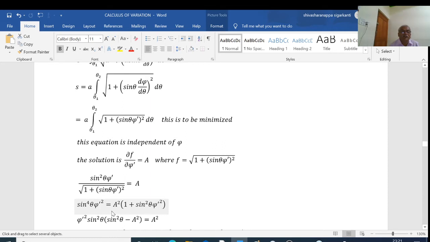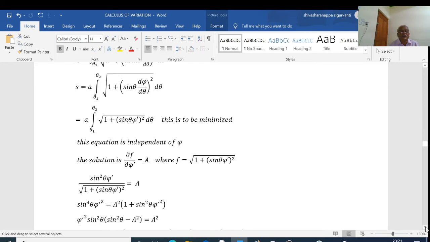Taking this onto the left hand side and taking the sin square theta phi dash square common factor, we are getting phi dash square sin square theta, here in this case sin square theta minus a square, this we have taken common factor, minus a square remains is equal to, what remains on the right hand side? A square into 1. So that is a square remains.